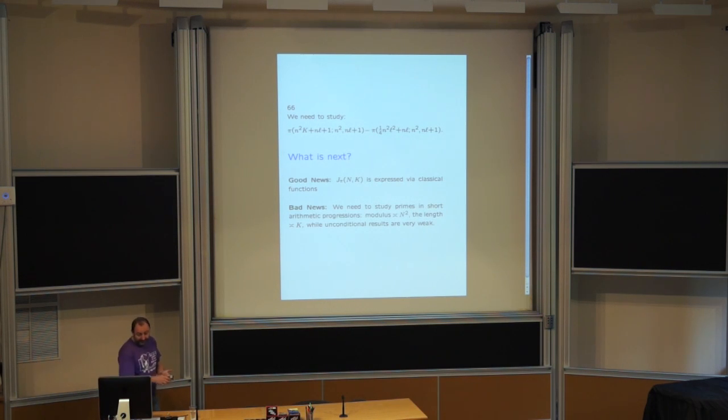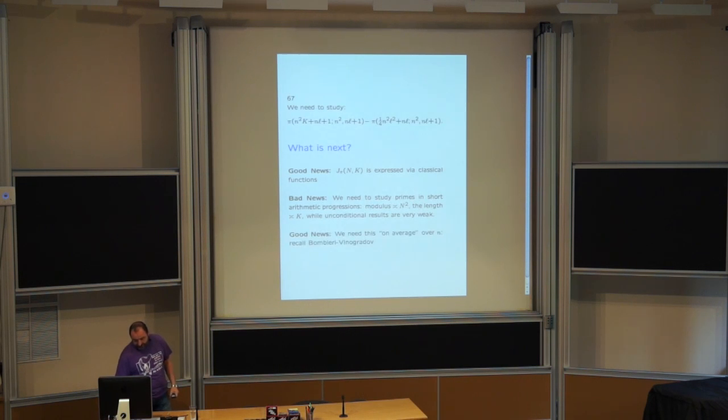If you look at this expression, you see that this quantity is not that far away from this quantity. Right? We subtract, which means we study primes in a very short interval, an interval which is close to n squared k. And of course this is bad, because unconditional results are very weak in this case.